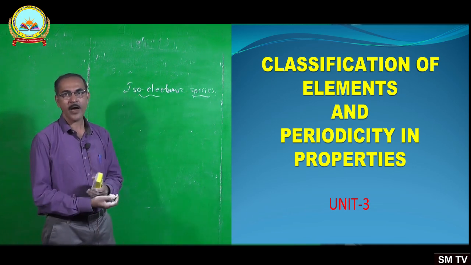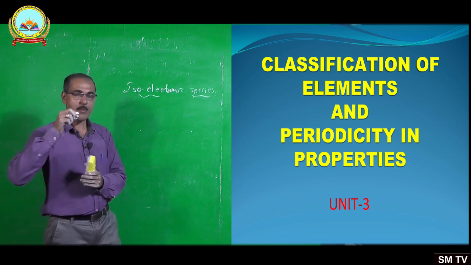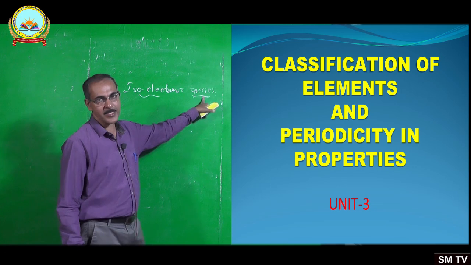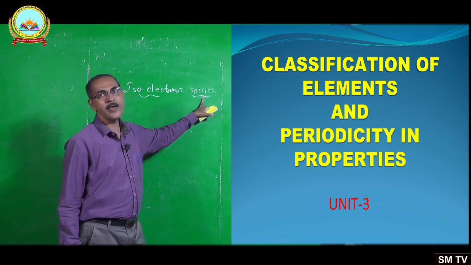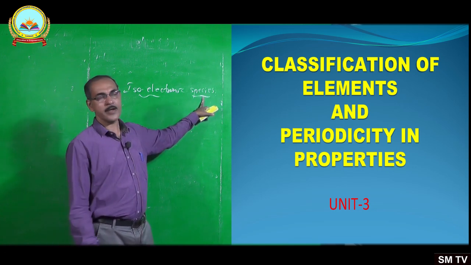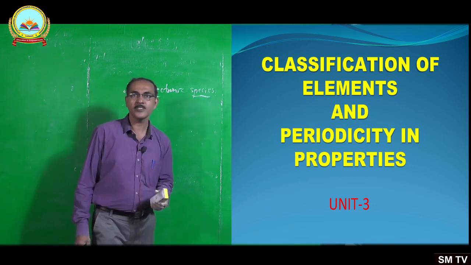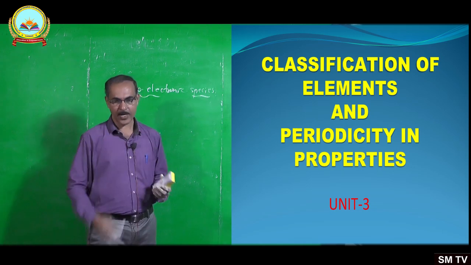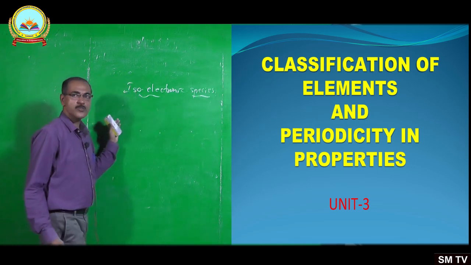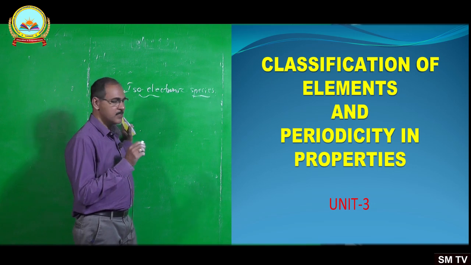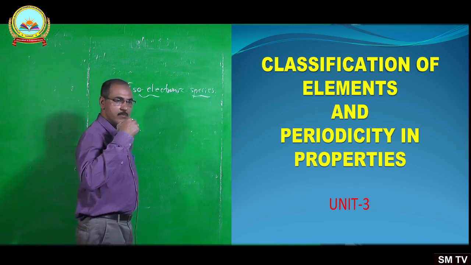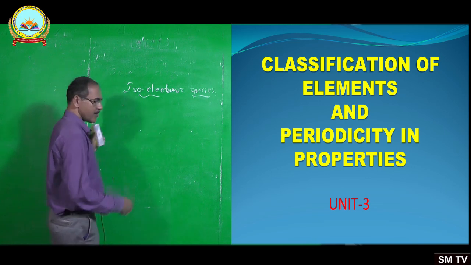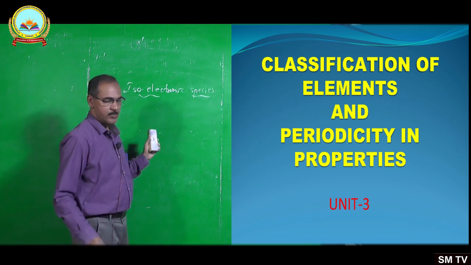Species, which may be atoms or ions, containing the same number of electrons are called isoelectronic species. In case of isoelectronic species, what happens to the radius of the species? It need not be atomic radius; it may be ionic also.